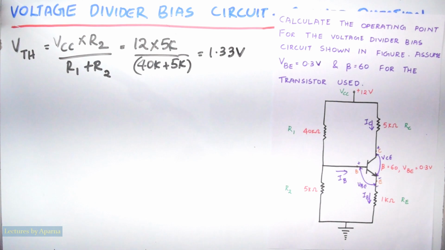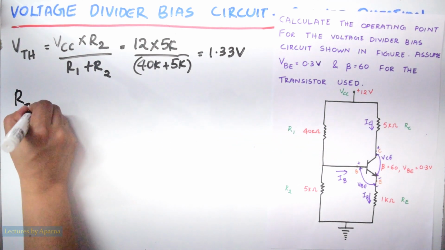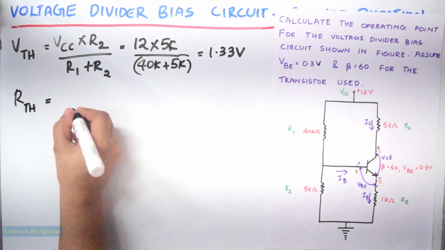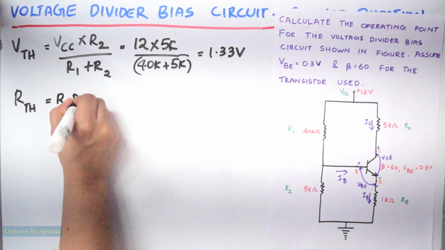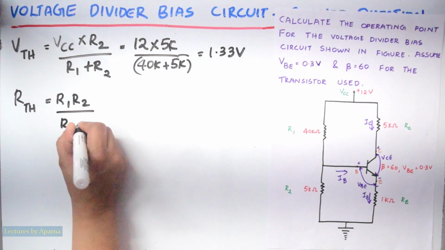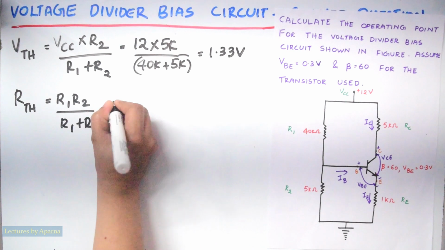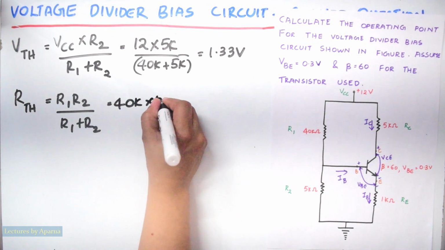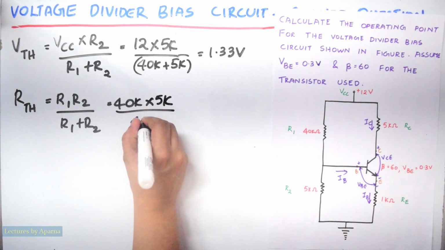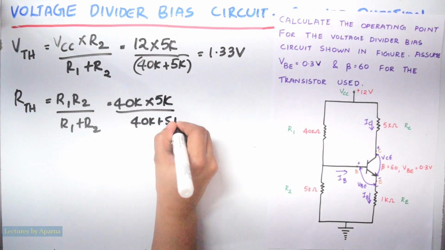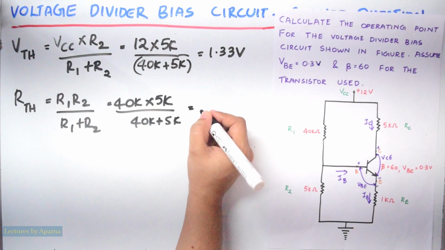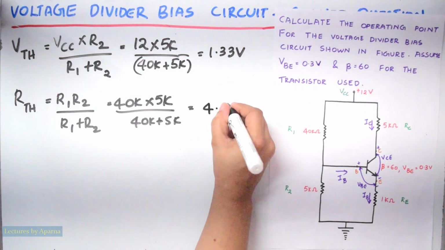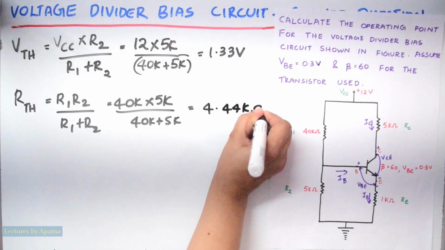Then find RTH, or Thevenin's resistance. RTH is equal to R1 R2 by R1 plus R2. R1 is 40K into R2 is 5K by 40K plus 5K. You will get it as 4.44 kilo ohm.